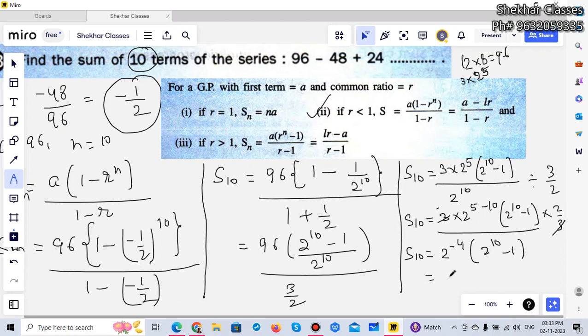Now if we can further solve it, we can get the value of 2 to the power 10. I can write 2 to the power minus 4 as 1 upon 2 to the power 4, and 2 to the power 10 is 1024. So I can write in the bracket 1024 minus 1, upon 16.